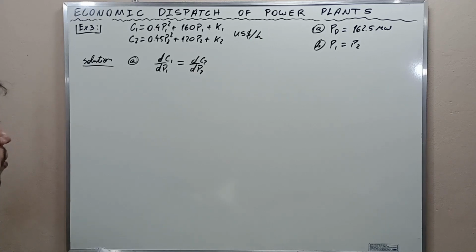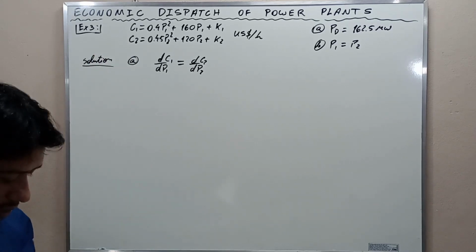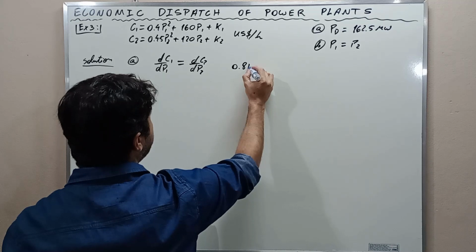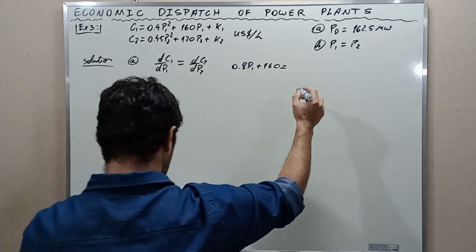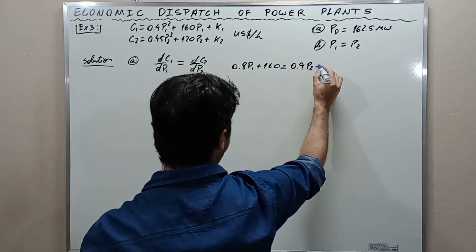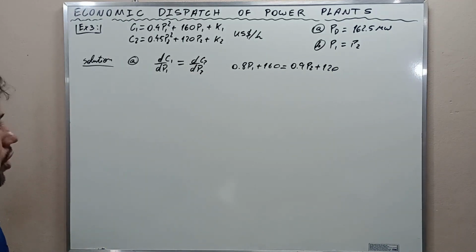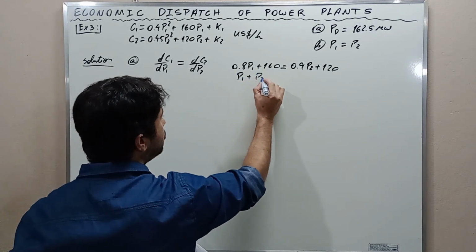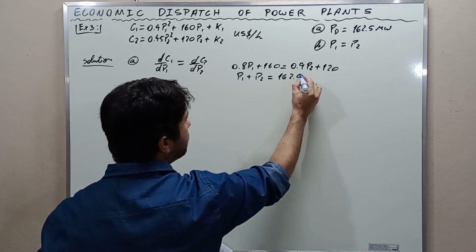and we are going to take the derivative of this and take the derivative of this, and it becomes 0.8 P1 plus 160 equal to 0.9 P2 plus 120. The other boundary condition of this exercise is that P1 plus P2 has to be equal to 162.5.